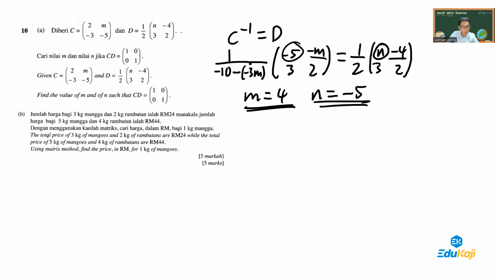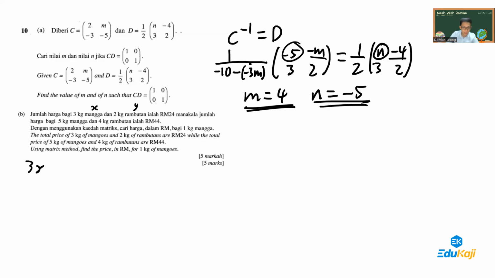Part B, total price of 3 kg of mangoes and 2 kg of rambutans are 24 ringgit, while total price of 5 kg of mangoes and 4 kg of rambutan is 44 ringgit. I want to find the price per kg of mangoes. Let's take x for mangoes, y for rambutan.